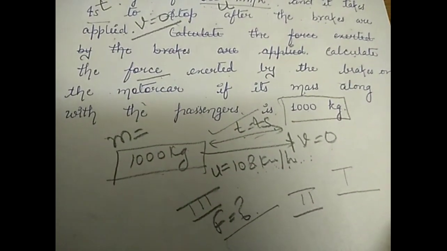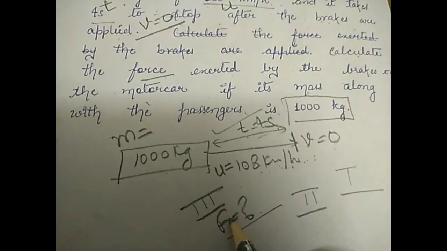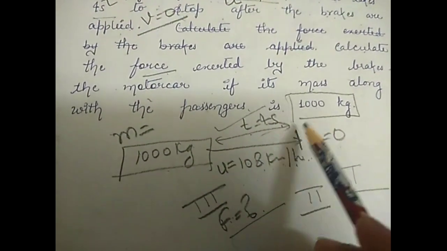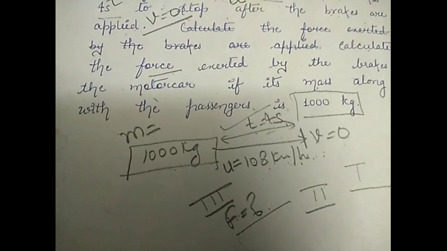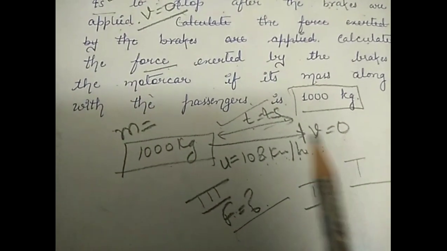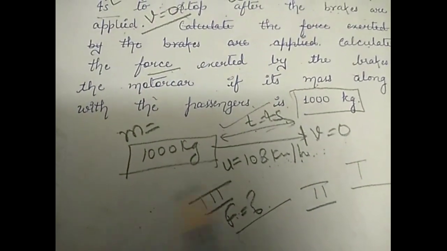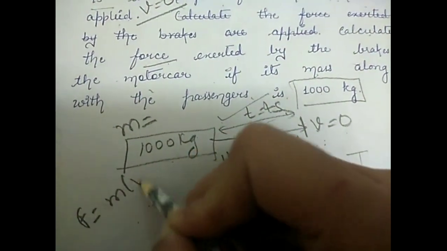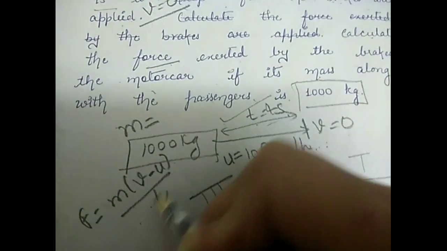Now, if we need to find out F, we have M, U, V and T. Which formula should we use? Now, you should write the formula directly. What is the formula? F is equal to M, V minus U divided by T.